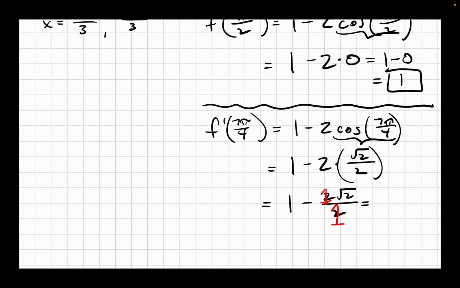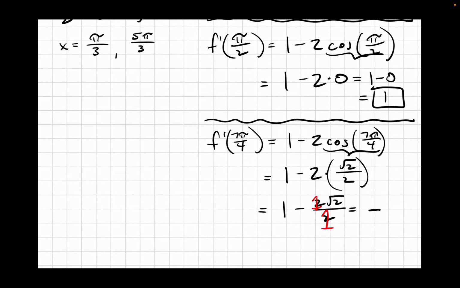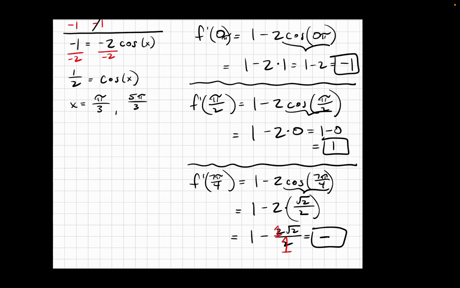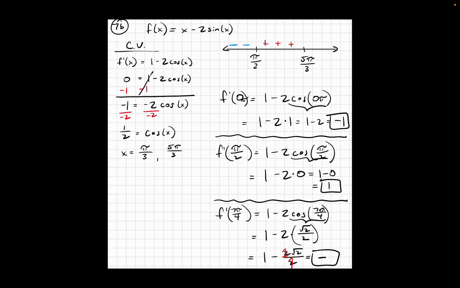So which is bigger, 1 or the square root of 2? That's the question. Square root of 2, because the square root of 1 is 1. So anything bigger than the square root of 1 has to be bigger than 1. So this is going to be a negative number. Exactly what it is, I don't know. I don't care. I just know it's a negative number. So it did fit the pattern, but it won't always. So just be sure you always check.